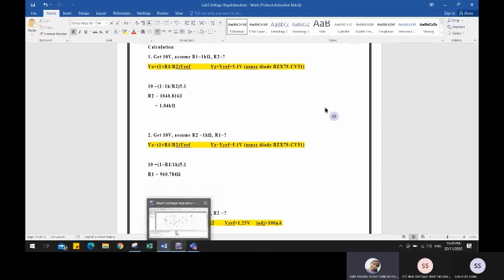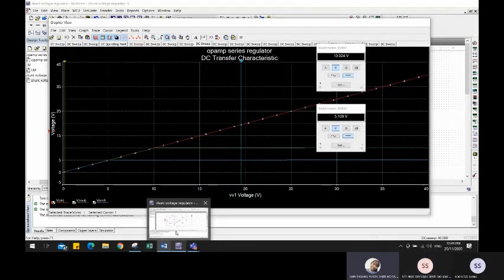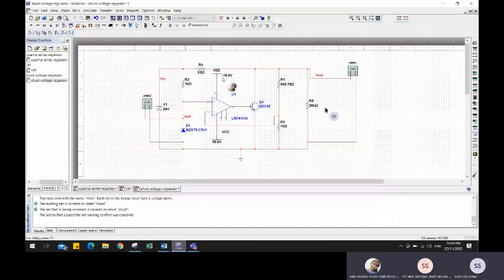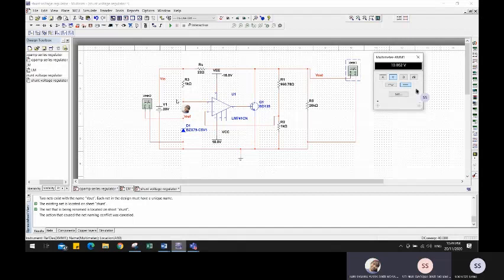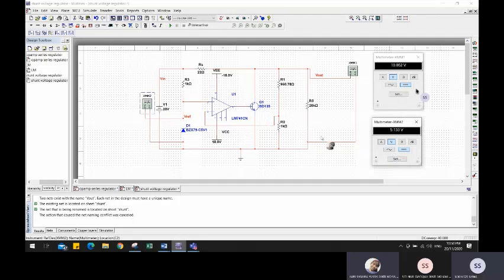So we're going to check with the simulation whether it is correct. Same as what Sun did previously, this would be the V out and this would be the V reference.